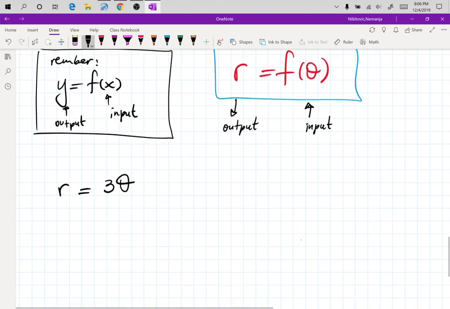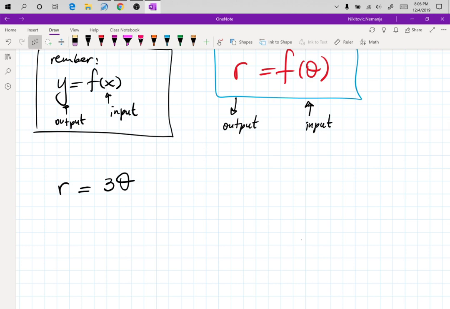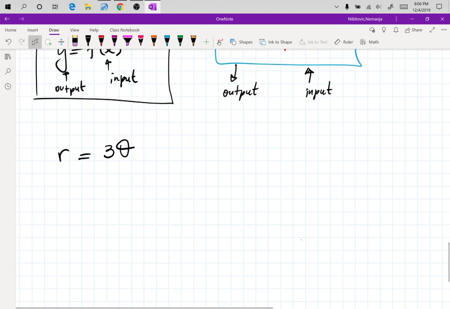So now the question is, what is this, right? You know that if you had y equals 3x, yeah, it's a straight line. Awesome, right? Now, what is r equals 3 theta? Well, you have to figure it out. Yes, very good, it's a spiral.